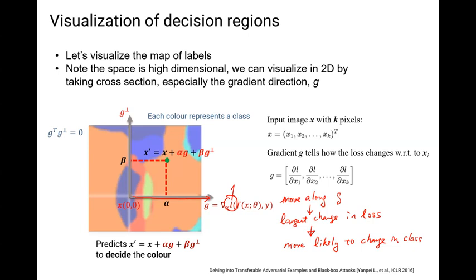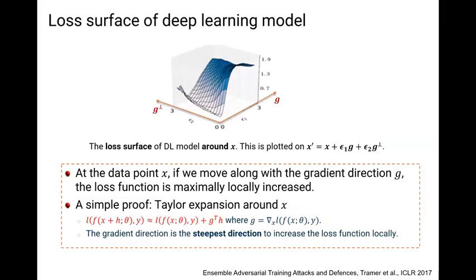Okay, so this is just what we have seen. And let me just show you this. You can actually plot the loss. You can plot this. This direction is the loss value.